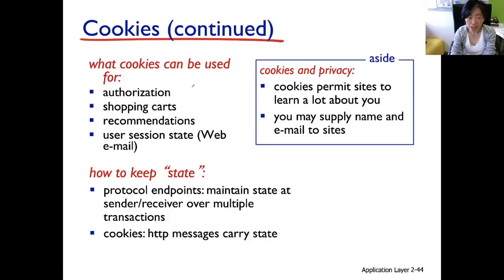Now let's discuss cookies a bit more. We're going to talk about the trade-offs of using cookies. First, cookies from a business perspective, from a website's perspective, are actually quite convenient. You can authorize the users quite easily by looking at the ID in the cookie header line.